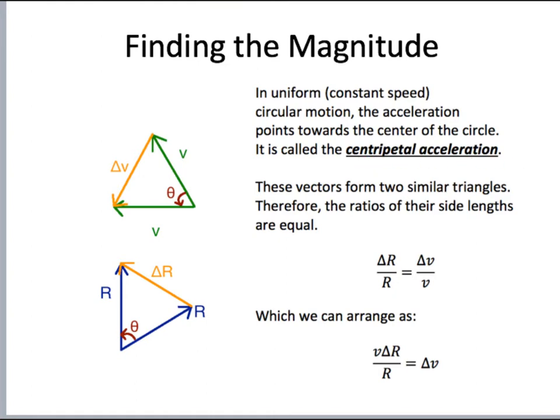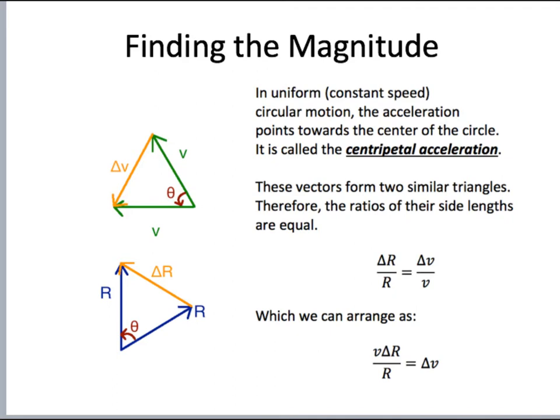Now, the fact that these vector diagrams form similar triangles, what's the rule about similar triangles? The ratios of their sides are equal. And so if I do delta R over R, either one of these R's because they're the same, that's going to equal delta V over V. That's just the basic rule for similar triangles, that the ratios of the sides are equal.